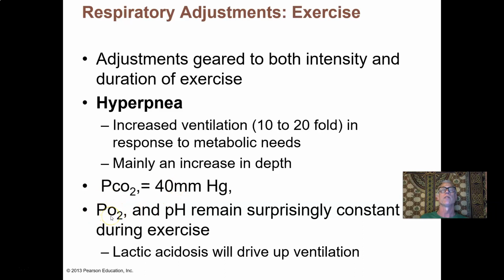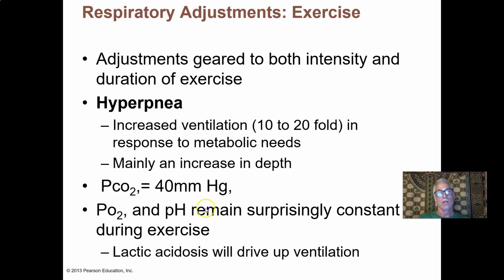Oxygen, except in the most extreme cases, partial pressure of oxygen never changes. Alveolar PO2 during exercise remains 104 millimeters of mercury. Arterial PO2 remains 100 millimeters of mercury, and so forth. So there's really no changes in oxygen partial pressure except in the most elite athletes, who can exercise so vigorously and push themselves to the point where partial pressure of oxygen in the arterial blood will begin to go down.